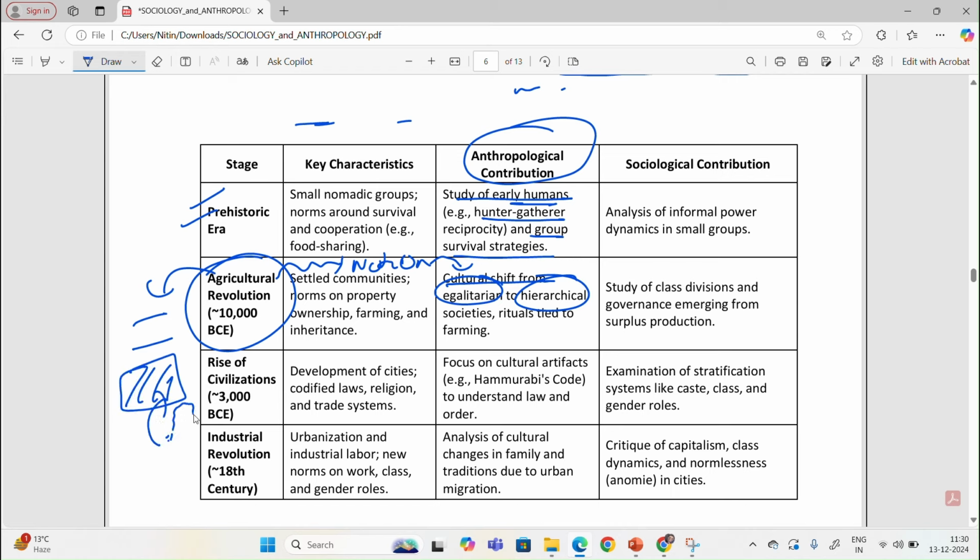So you had inherent class difference. In case of India, you had caste difference. Then the rise of civilizations, then law, ethics, and code of conduct that came into being.